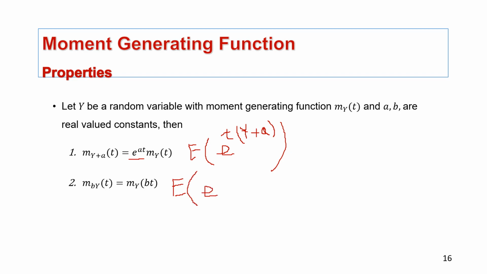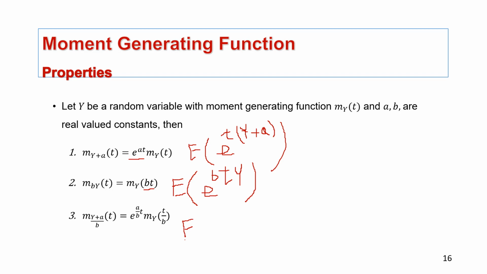It's the expected value of e to the power b t y. Let's assume that the constant itself is bt. It's the moment generating function, but instead of over t, it's over bt. And the random variable itself is y.